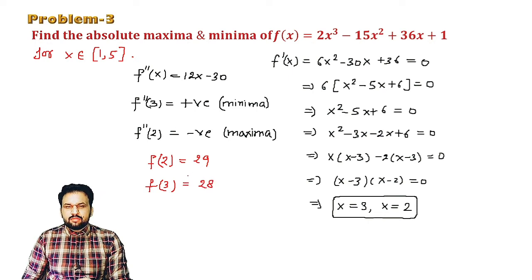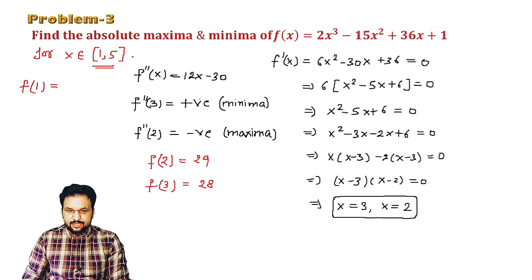Okay. But now these are maxima and minima, but these are not absolute maximum. So we will go back to this interval and check it at the two extreme points, that is 1 and 5. So we will check the value at f of 1. So the function is giving you how much value? At 1 it is giving you 24, my dear.